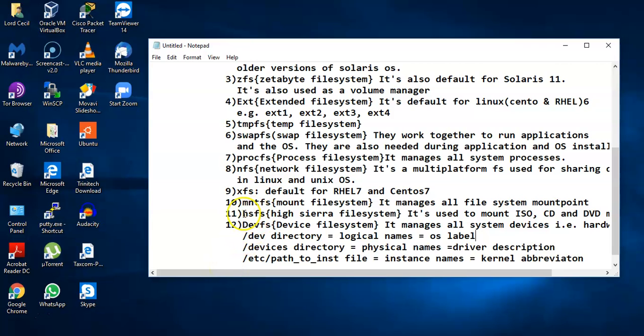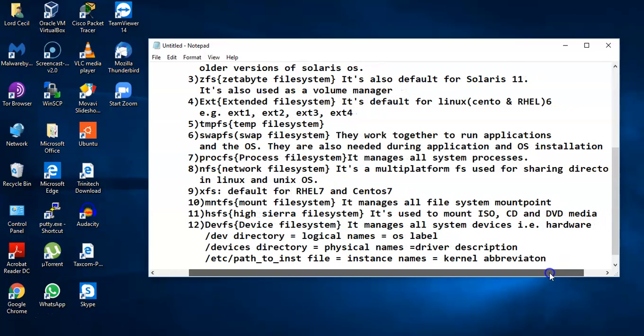So we say the devfs, or device file system, manages all system devices. That is hardware. Okay, all the system hardware are managed by the devfs, and it contains two major directories and a file.